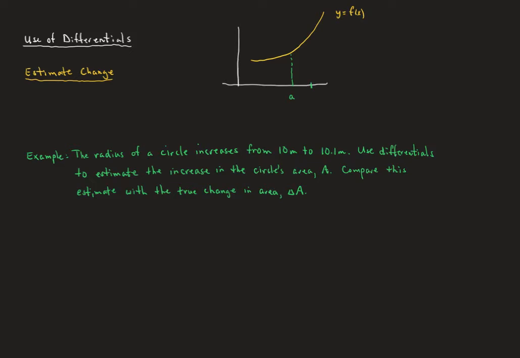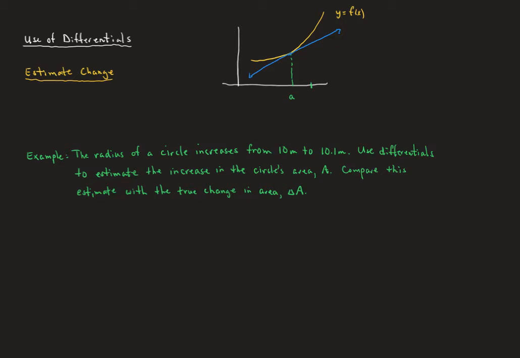So let's take a look at the idea behind our linearization and how we can use differentials to estimate that change. If we look at this curve, we have this y equals f of x. We pick a point there, x equals a, and then we imagine the tangent line to that curve is going to look something like that.